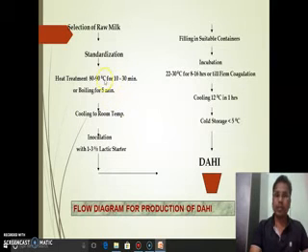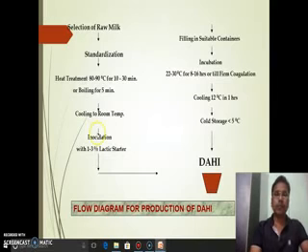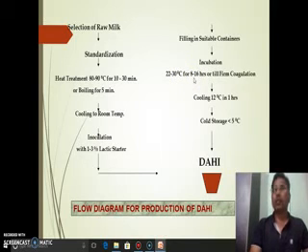Then cooling, after the heating, this milk is cooled to room temperature, and then inoculation, meaning the addition of starter culture to the cooled milk, and then filling in suitable containers. Incubation means maintaining a specific temperature of 22 to 30 degrees Celsius, kept for 8 to 16 hours till coagulation occurs.